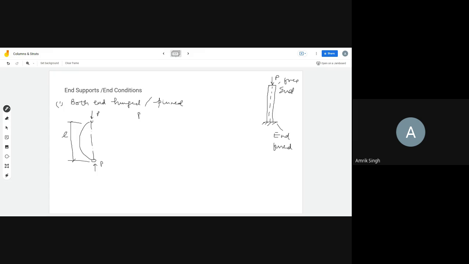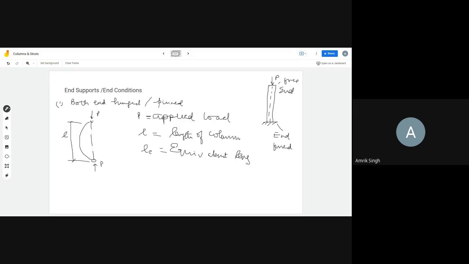P is the applied load. And L is the length of column. And LE, we define a term which is the equivalent length.